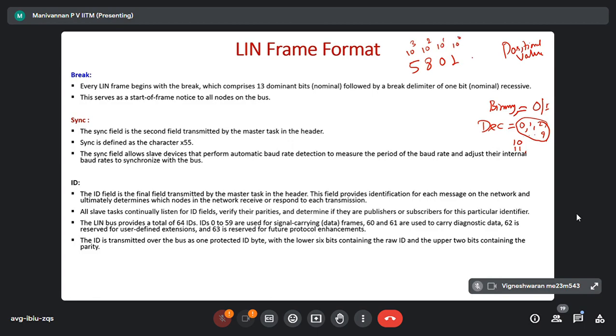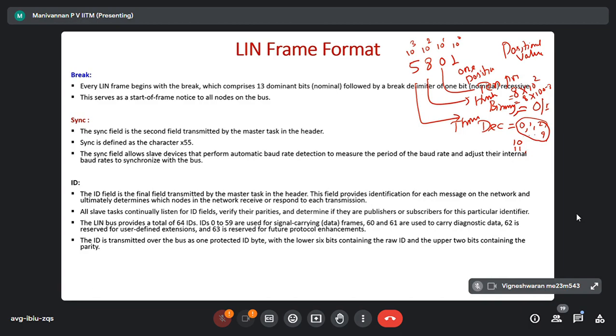Anything to the power 0 is 1, so this is called the ones position. The rightmost digit is called the ones position. This is called the tens position. If I say 0, there are 0 tens. Right? This is the hundreds position. How many hundreds are there? 8 into 100. So 8 into 10 power 2 is nothing but 8 into 100, which is 800. Okay. This is called the thousands position.